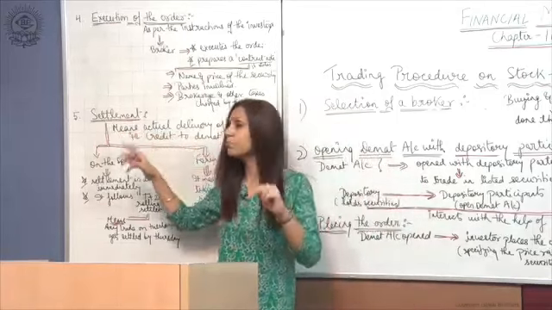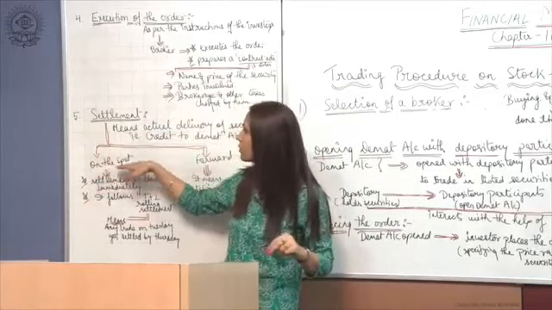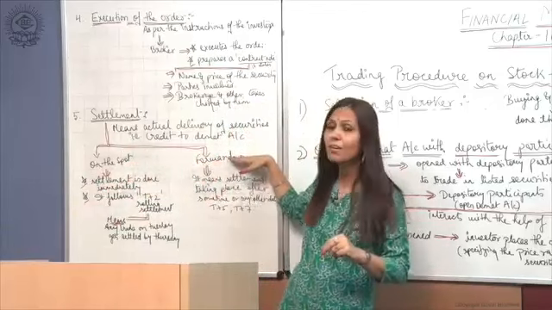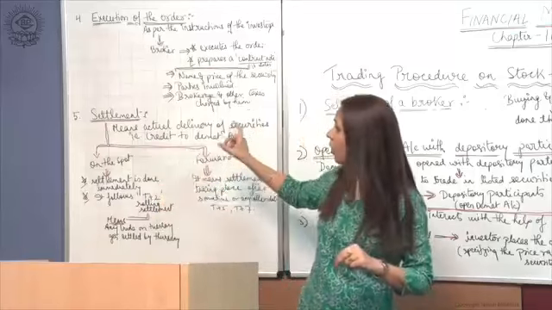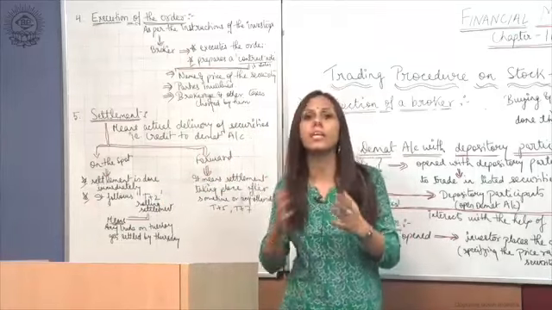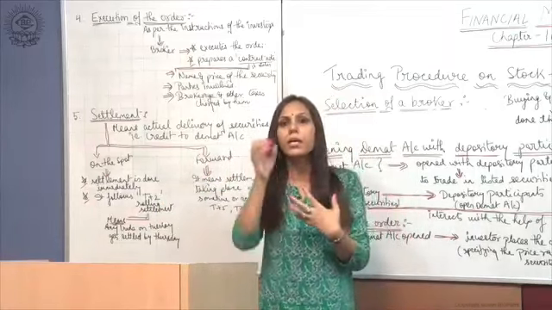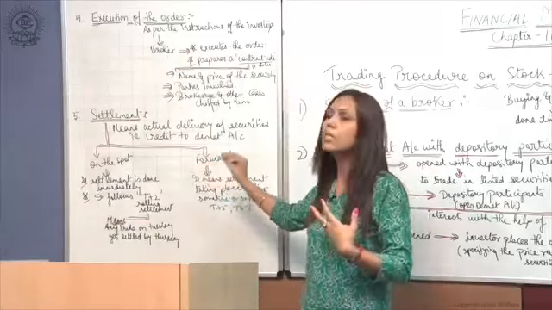There are two types of settlement. One is on the spot and the second one is forward. Now what is on the spot settlement? On the spot settlement means settlement is done immediately. When we are doing the buying and selling, then and there the settlement is done.